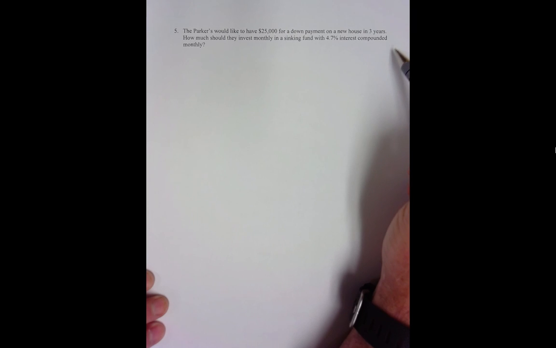All right, those numbers were a little wacky to me. The Parkers would like to have $25,000 for a down payment on a new house in 3 years. Now, guys, this is real life here because since the housing crisis a few years ago and subprime interest platforms, banks are requiring down payments in most cases.